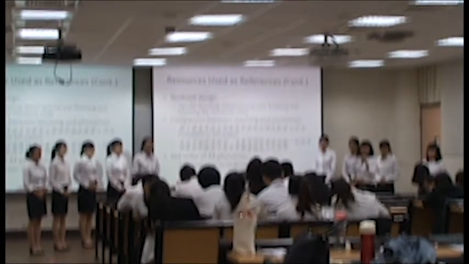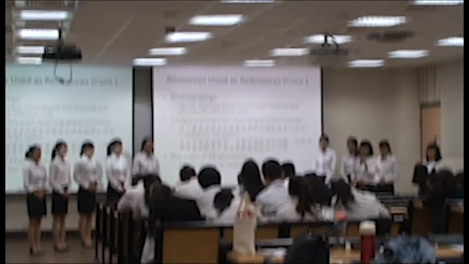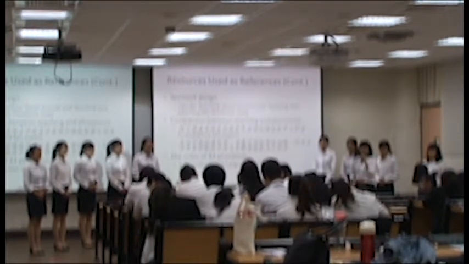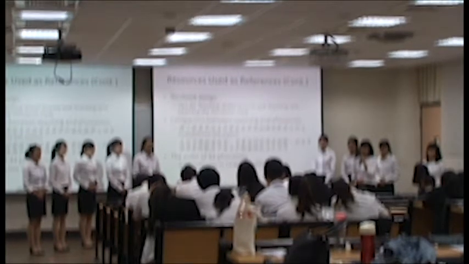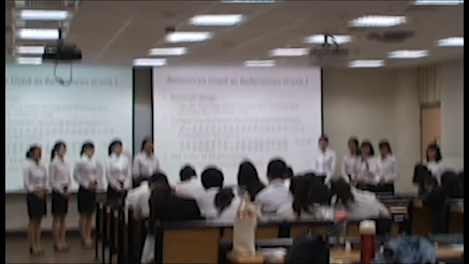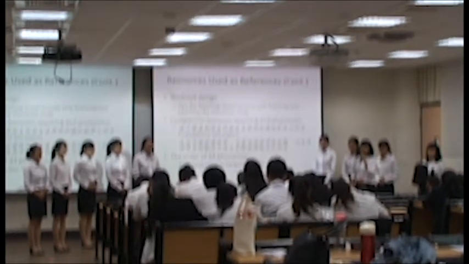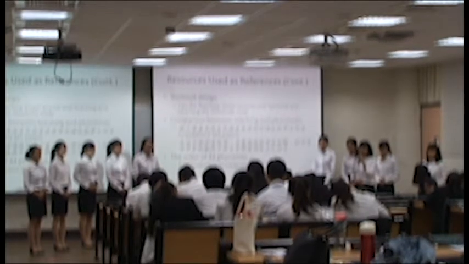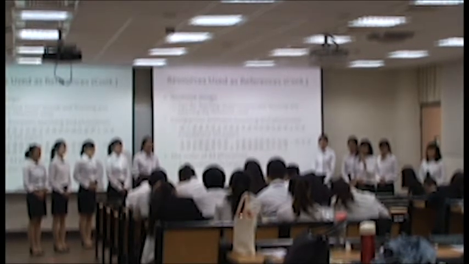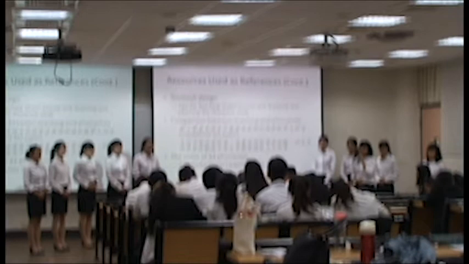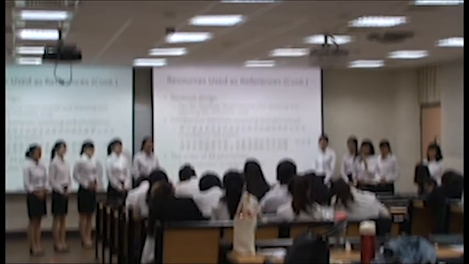Since our project mainly focuses on phonemes, it is important to distinguish between phonics and phonemes. The last part is the order of the 44 phonemes. We arranged the 44 phonemes based on the place of articulation mentioned in the book Introduction to Language. Next, Wendy will present our rationale.